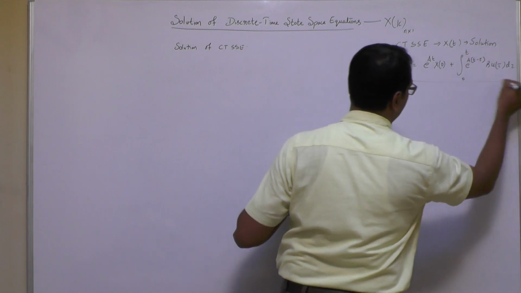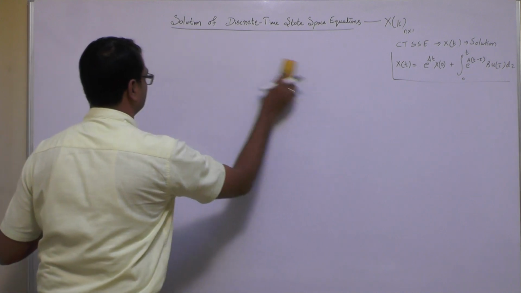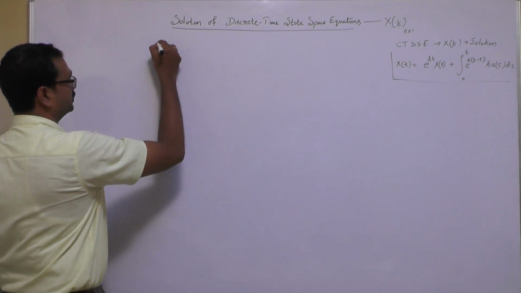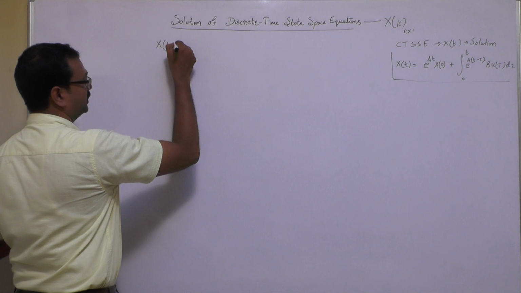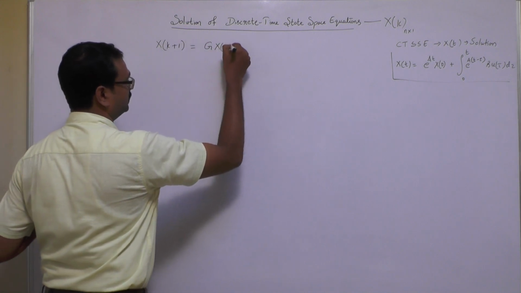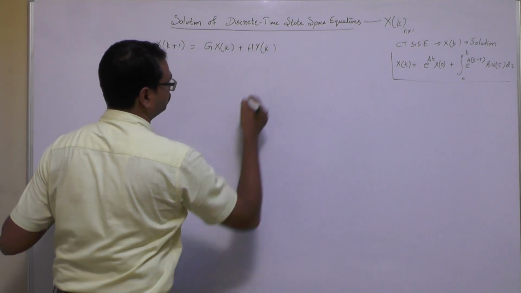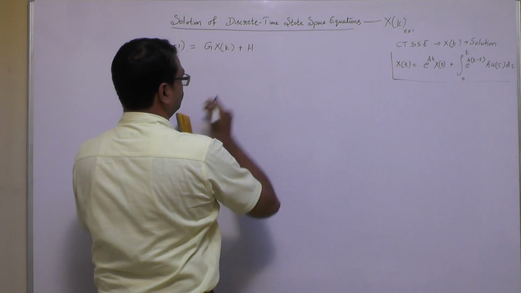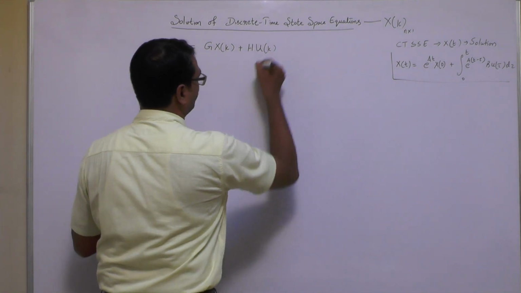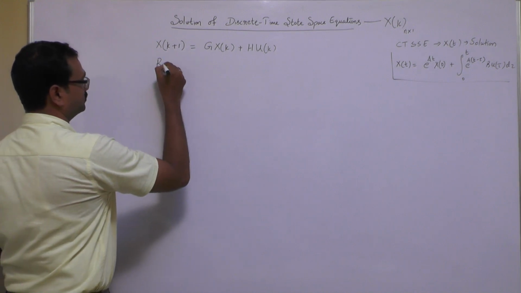Now let us see whether we can get an analogous solution for our discrete time state equations: x(k+1) is equal to G x(k) plus H u(k). Now let us go with the recursion procedure.